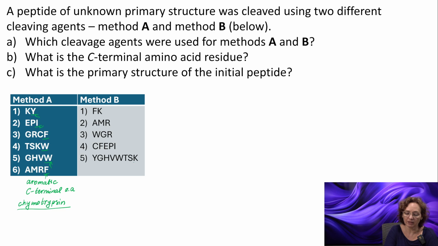For method B, we have lysine, isoleucine, arginine, and lysine again. So most of those C-terminal amino acids are basic, positively charged amino acids.